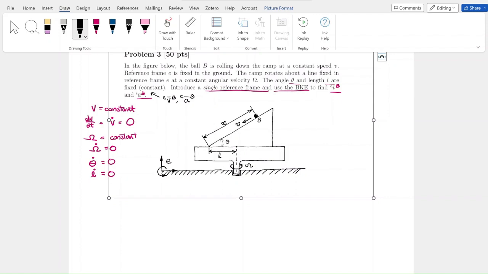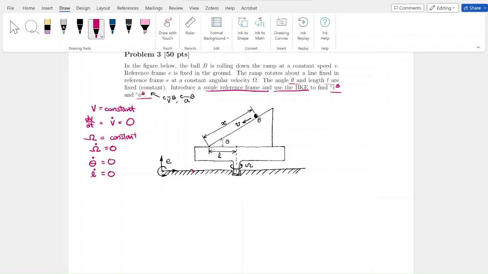In this case, you can choose your reference point to be here, because technically it's not moving with respect to the reference frame E. But that's kind of hard and slightly confusing, because then you have to define the distance to the point of interest, which is B, to be this whole thing. That's a complicated path, so we don't want to do that. You want to choose the simplest location possible.